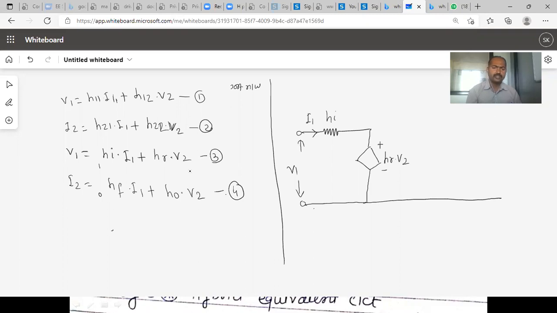Now second equation, HF into I1. HF indicates the forward current source. This indicates a multiplying term. Why is it a multiplying term? Because it is the ratio of your I2 divided by I1, so we have it here as a multiplying term first.